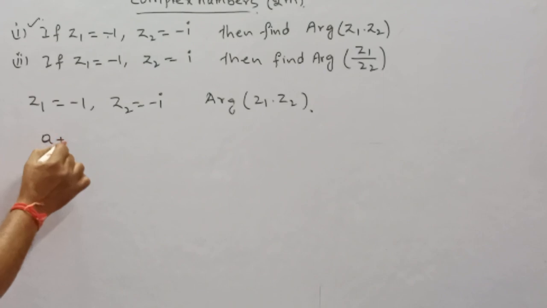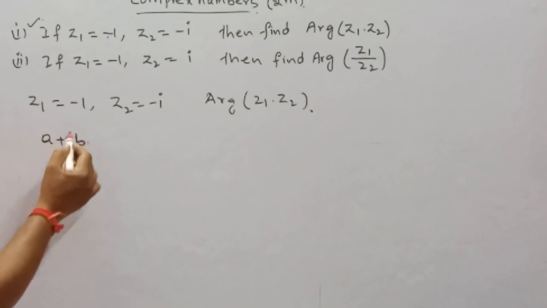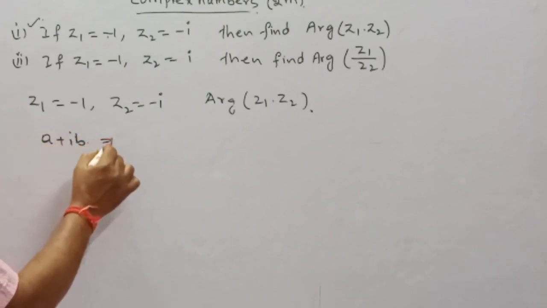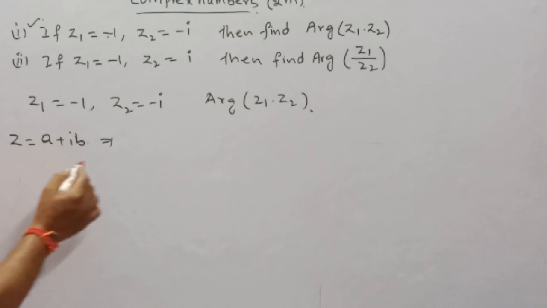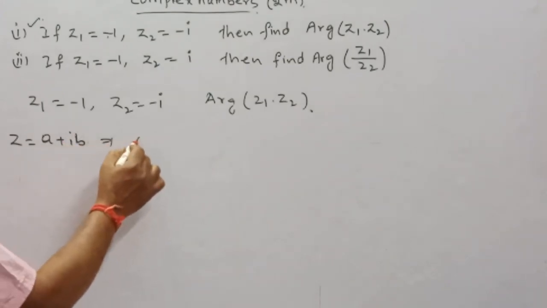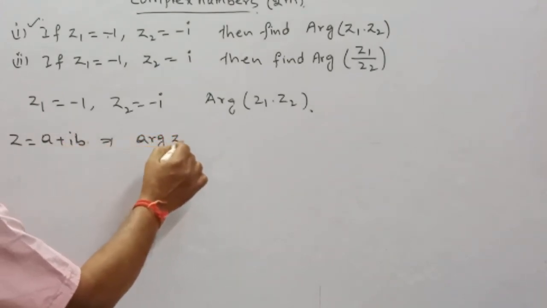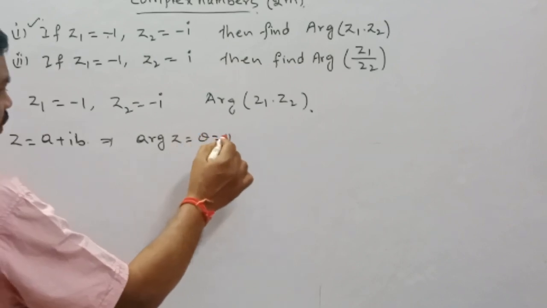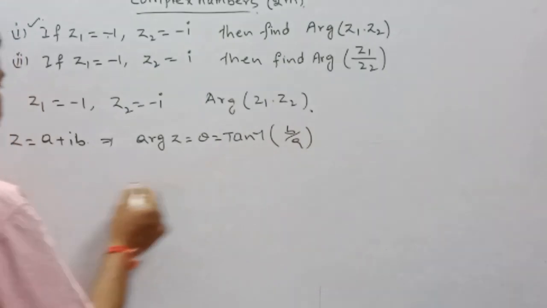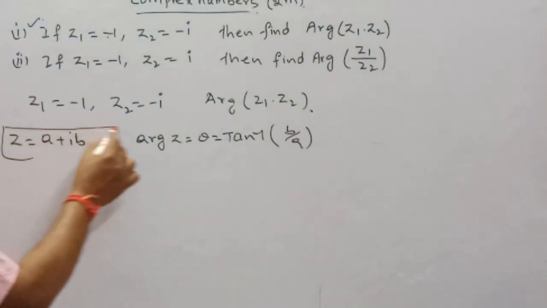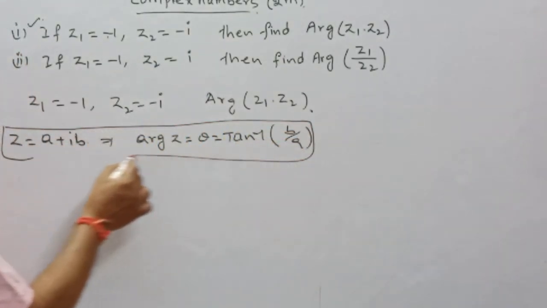Suppose a plus ib is the complex number, so take Z is equal to a plus ib. Then the argument of Z is theta is equal to tan inverse of b by a. That is the argument of Z. Okay, all of you.